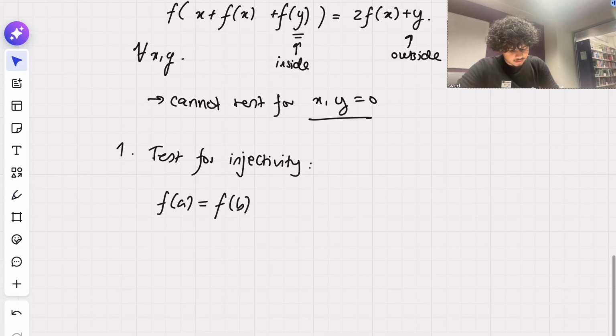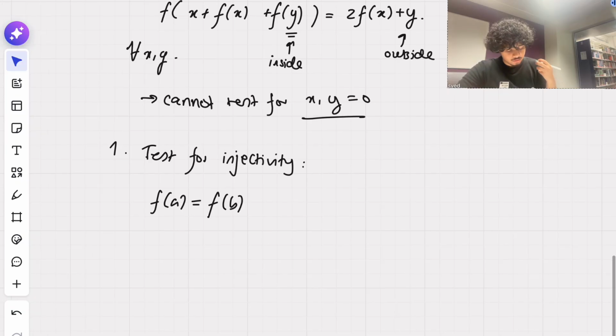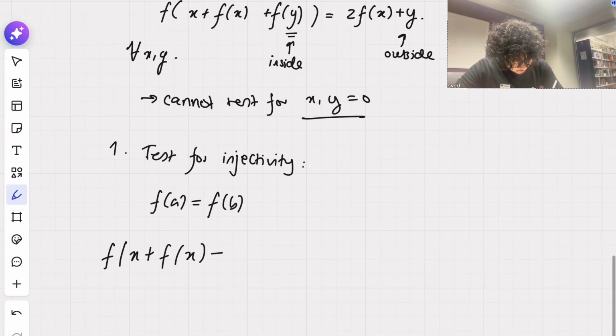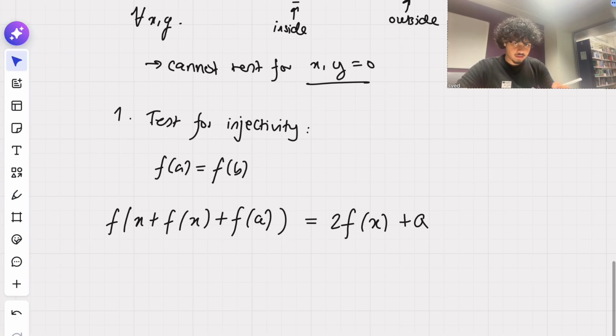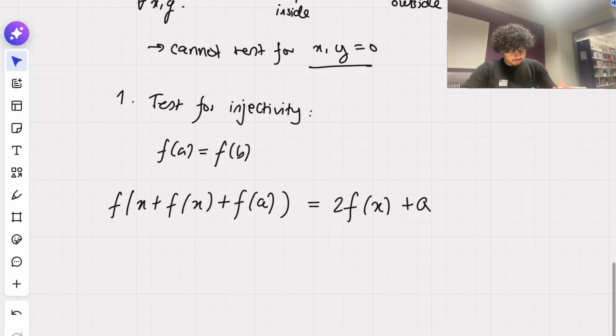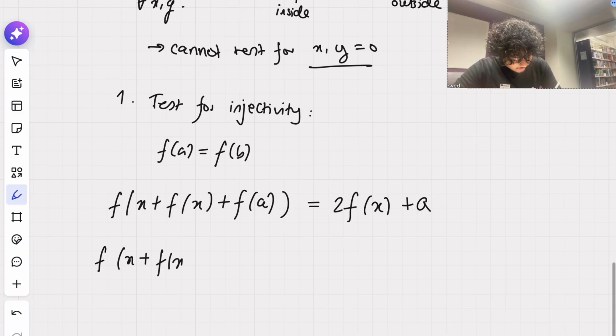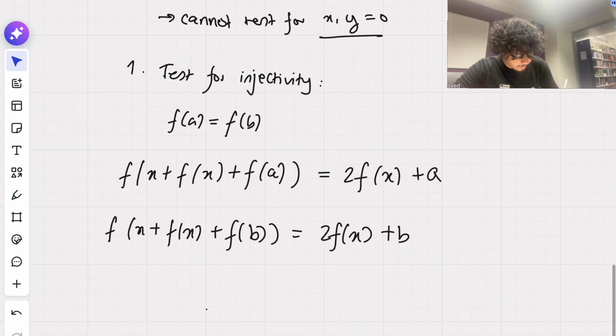So let's substitute a for y. I have f(x + f(x + f(a))), and that is equal to 2f(x + a) by the equation above. Then I'll do the same thing for b. So f(x + f(x + f(b))) is equal to 2f(x + b).